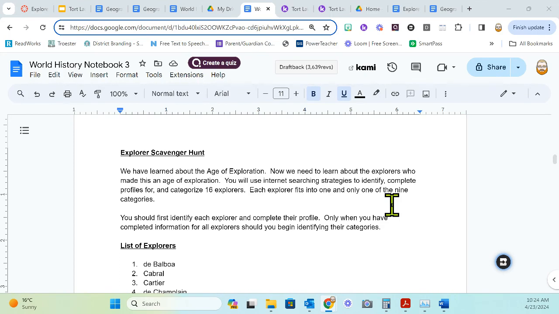For some of you, that is a method you prefer to scouring the internet. But it will be up to you to decide whether you use these profiles or whether you rely solely on internet searching.